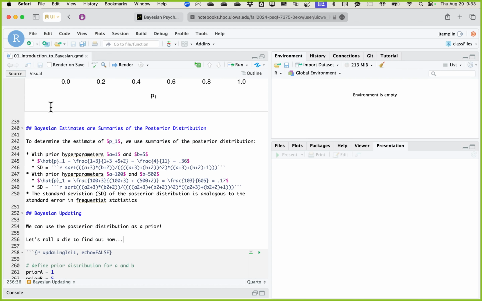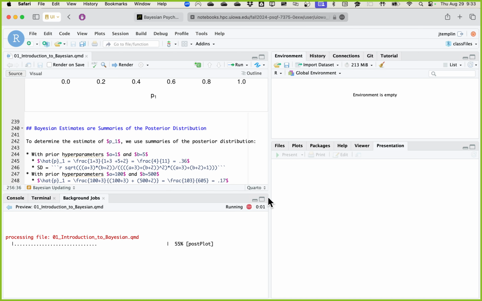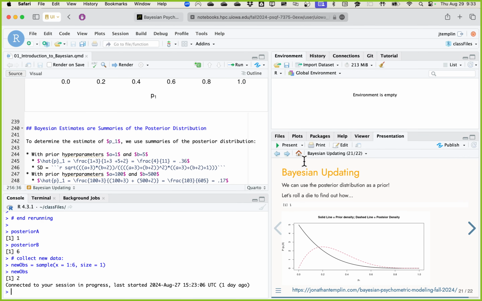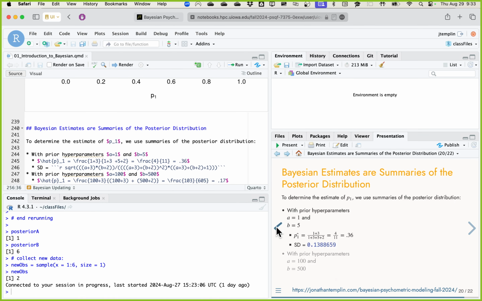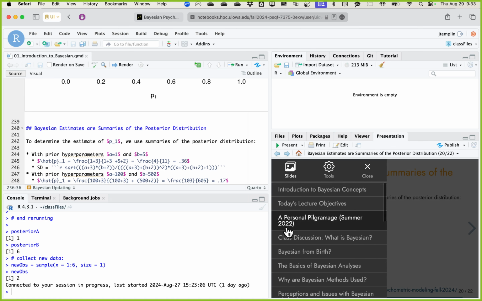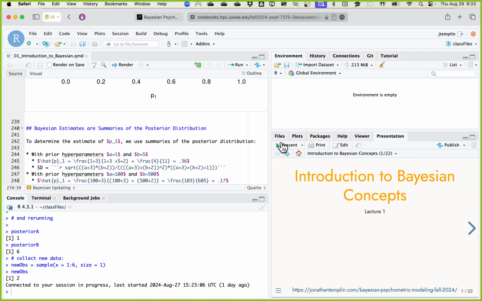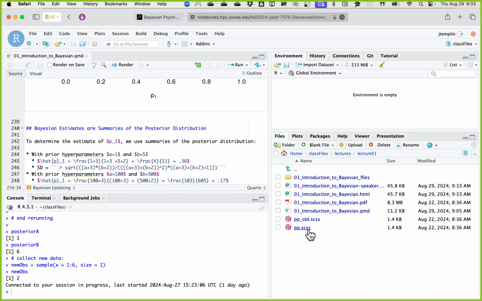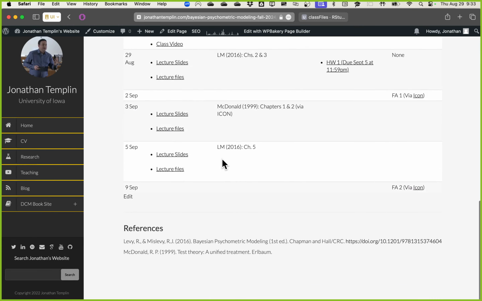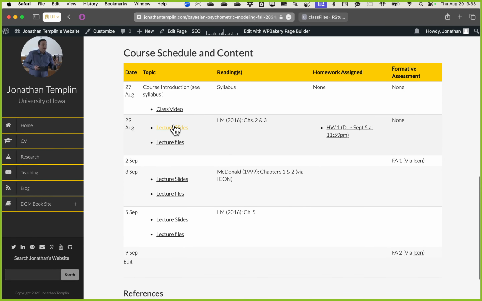But that being said, today we're going to cover Introduction to Bayesian Concepts. I was literally just testing things out, so let me go back to the beginning. You can follow along on the notebook site if you like. Alternatively, there is a link to the PDF of the lecture slides right here on my course website under our date. And if you'd like the lecture files on the GitHub site, they're here.